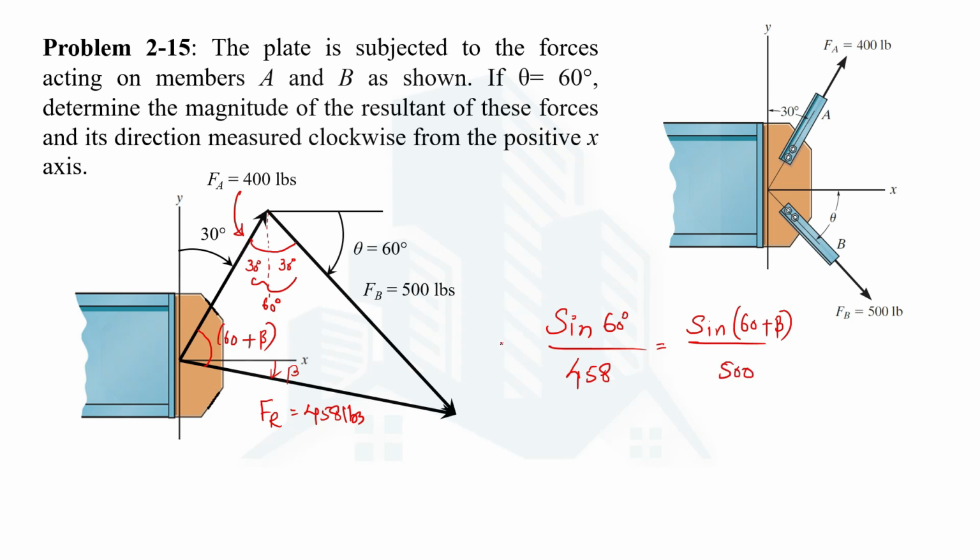This equation is obtained using the sine law. If you want to know how it is applied, you can see my previous videos where I have tried my level best to explain the sine law. Now if you look at this equation, there is only beta as the unknown variable. When you solve this equation, you get beta as 10.9 degrees.